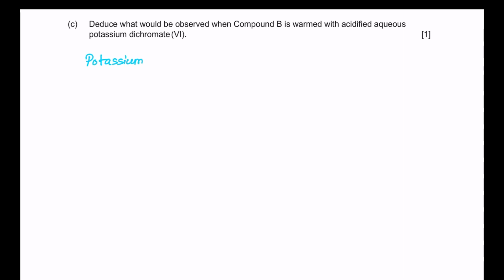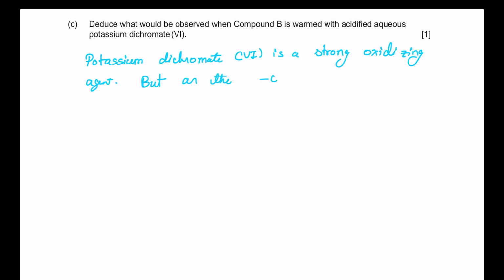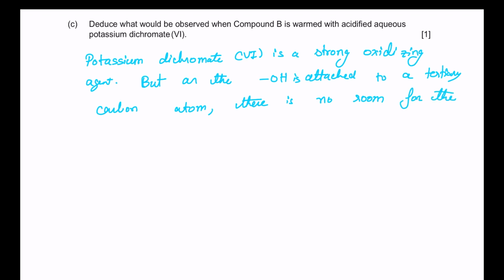So potassium dichromate(VI) is a strong oxidizing agent. But as the OH is attached to a tertiary carbon, there is no room for the production of aldehyde or ketone or carboxylic acid.